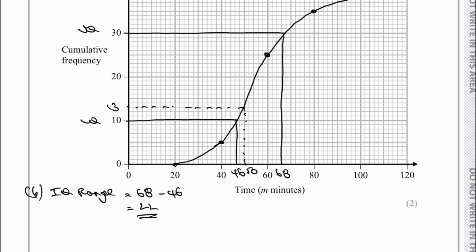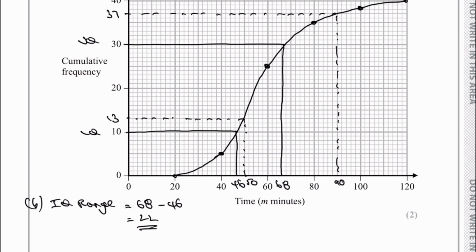And then I'm looking at the 90 minutes to complete the puzzle, and that's going to be all the way over here, so that's going to be this one here, 90 minutes, okay. And again, if I take that across, it's a little bit tricky on the video, but hopefully you can see that's going to be 37.